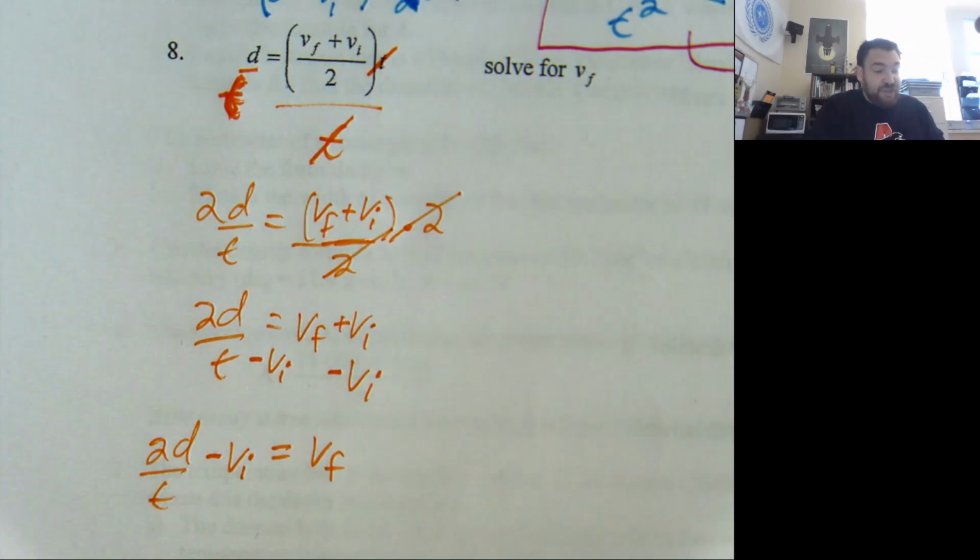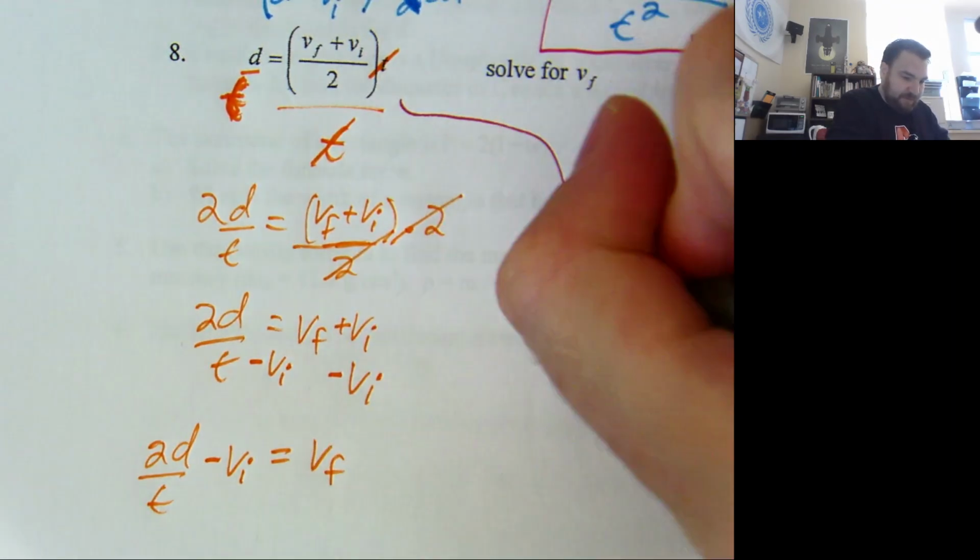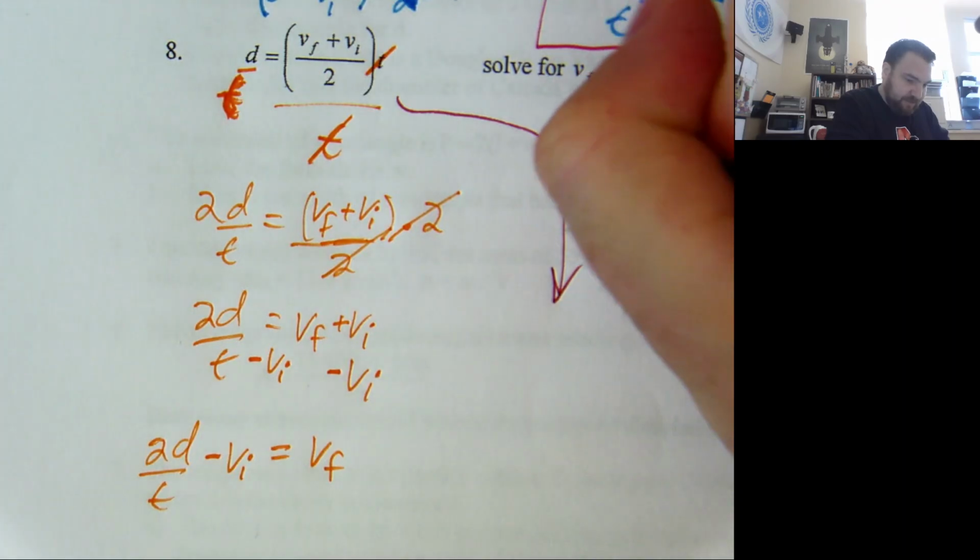Now, that's not the only way to do it. You could have distributed that t in first. If you had distributed that t in first, I'll show you what the final result would have been.